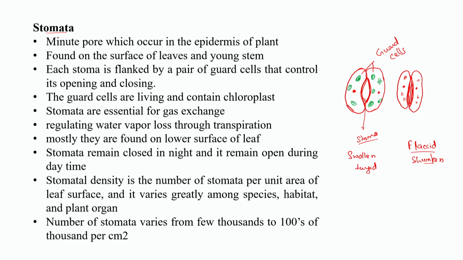So this guard cell, when they absorb water, they swell, and because of this swelling they become more turgid and they open a pore in between which is known as stoma, and when they are closed, when they lose water and water is not present, they are not so turgid. So in that situation we call them flaccid and they are shrunken and the stomata gets closed.